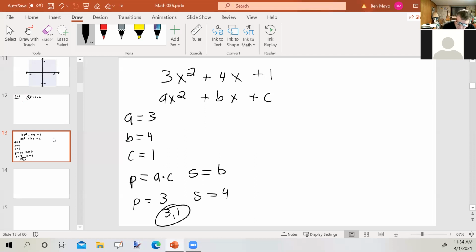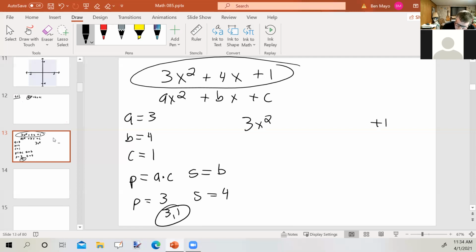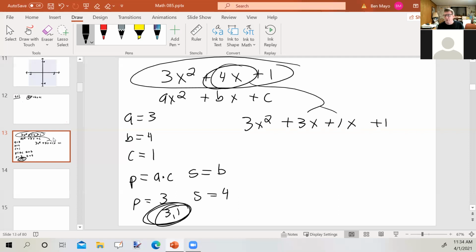But now, instead of just taking those numbers and putting them right in the answer, we take this trinomial and we take the middle term and we split it up into 2 terms whose coefficients are those 2 numbers. Now, the 1 that I put in front of the x doesn't need to be there. I could have just written plus x, but I'm just wanting to emphasize where these numbers came from, okay?